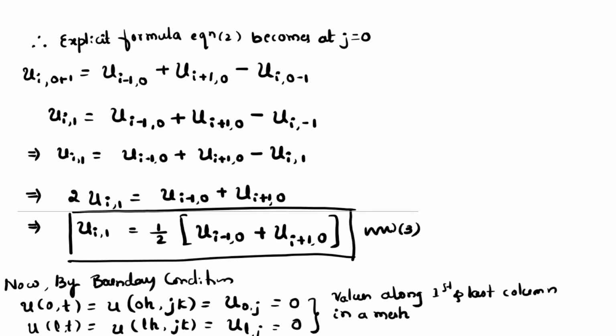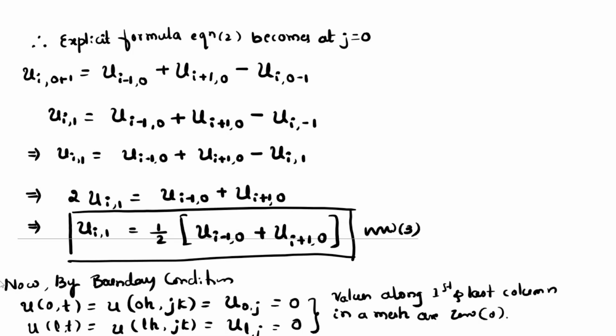Whatever values we are going to find, we tabulate them in a table. So that is called a mesh. That is 0. That is my boundary.